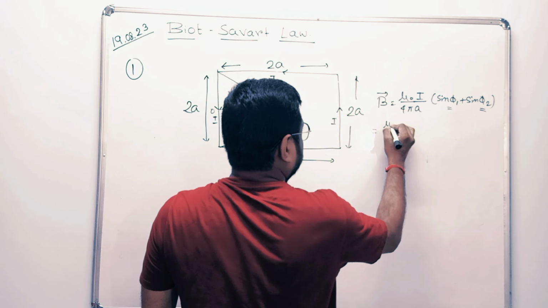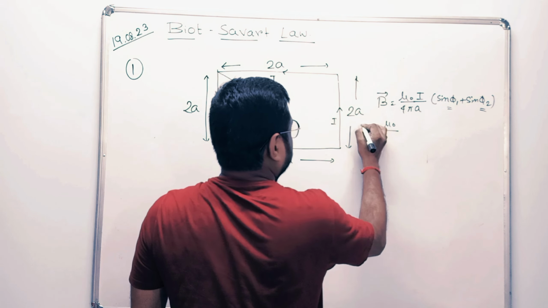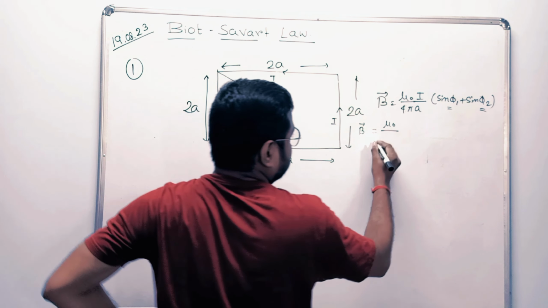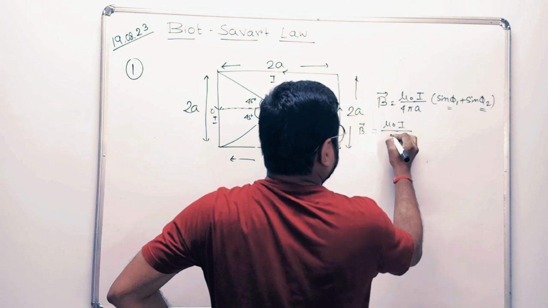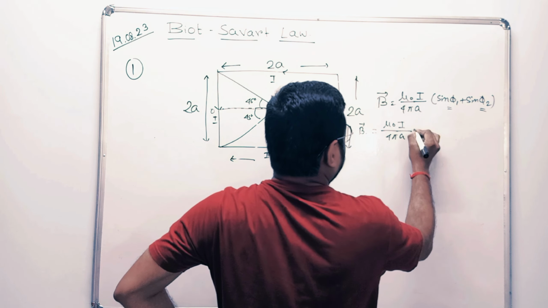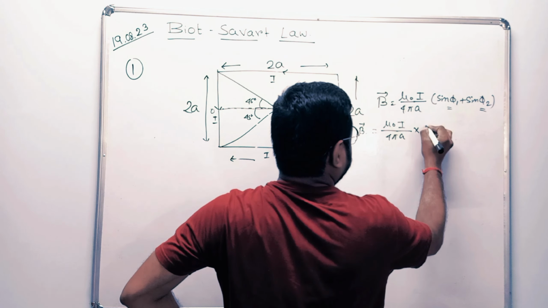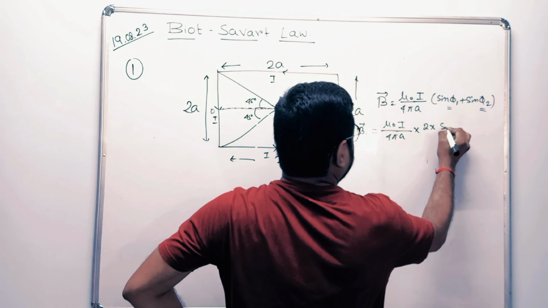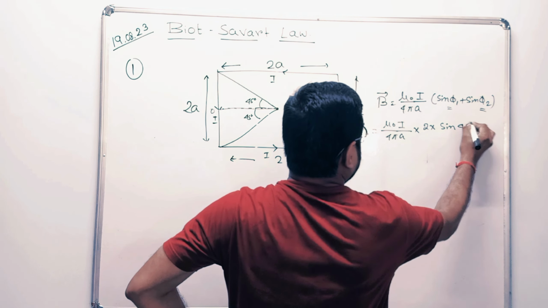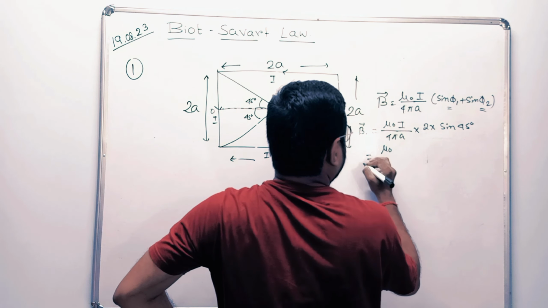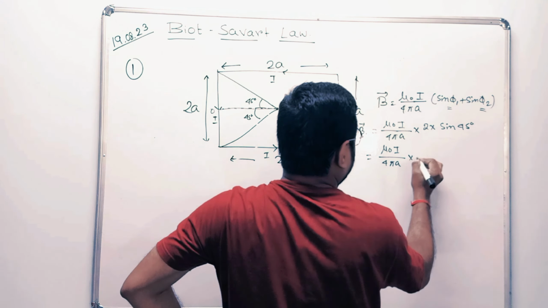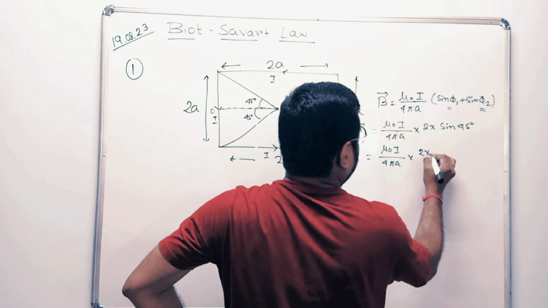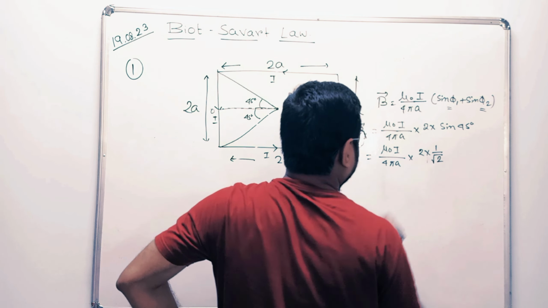So the magnitude of magnetic field due to any one side, suppose it is B1, is given by mu naught I by 4 pi a into sin 45 plus sin 45. So we can get mu naught I by 4 pi a into 2 into 1 by root 2.